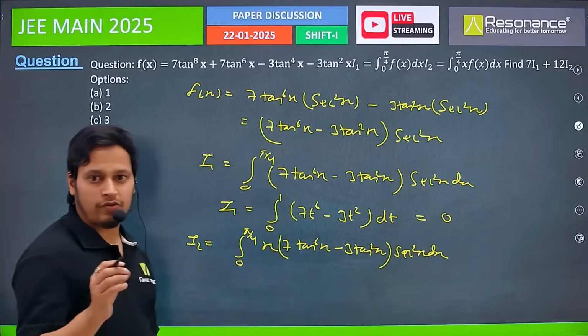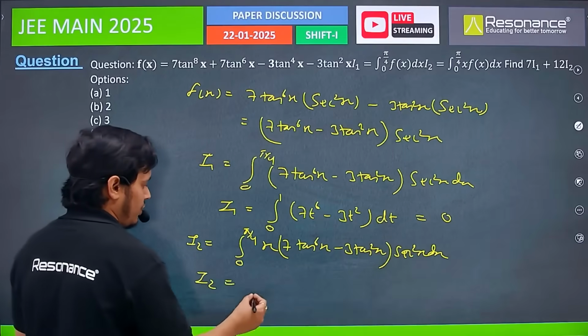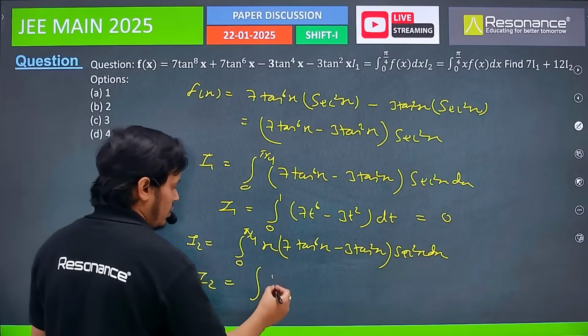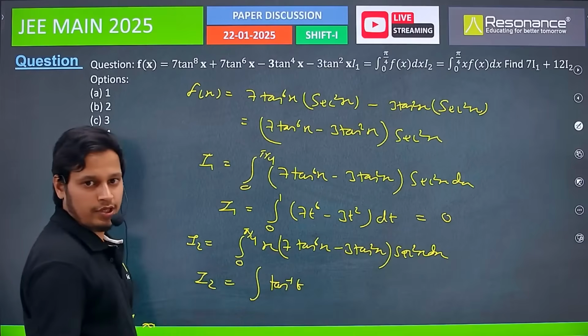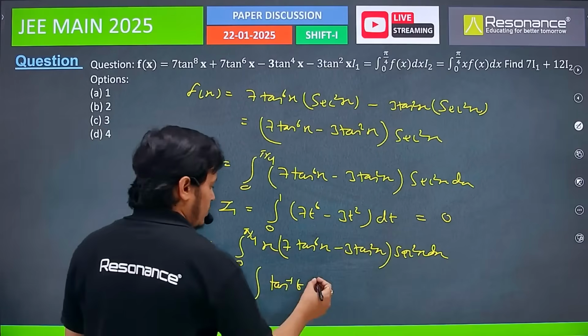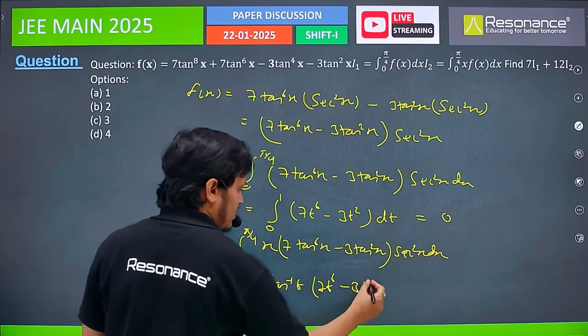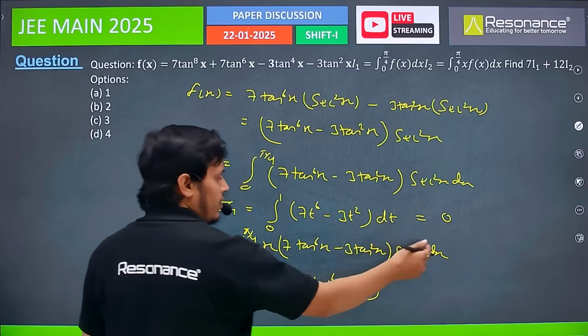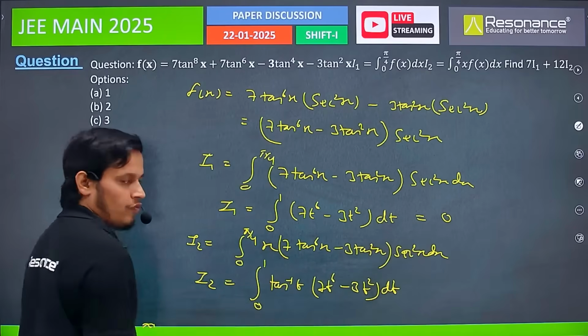Again we are assuming tan x = t for simplification. So in I2 what we are getting? This x becomes tan⁻¹t, because tan x = t now, so x = tan⁻¹t. This is (7t⁶ - 3t²), and sec²x dx becomes dt. It is 0 to 1.